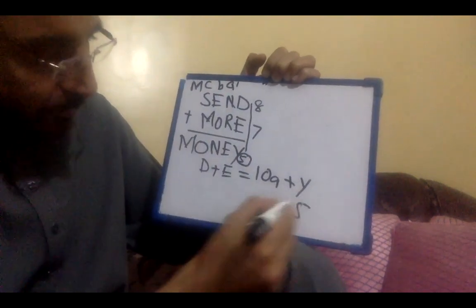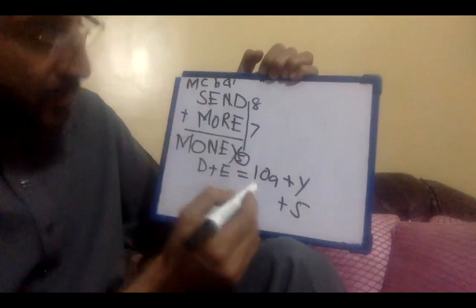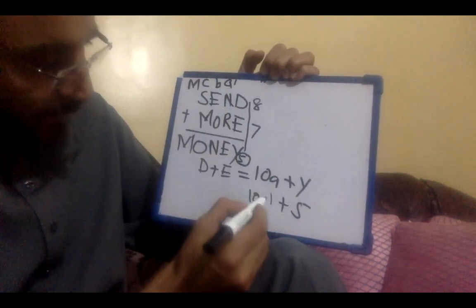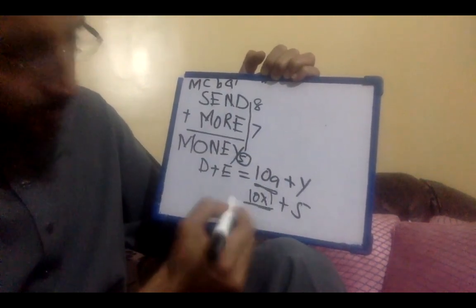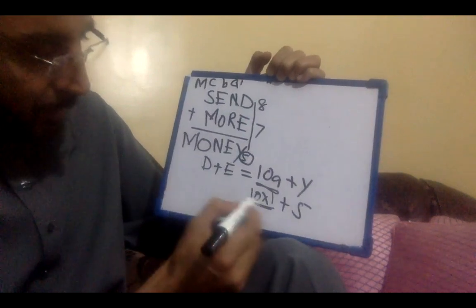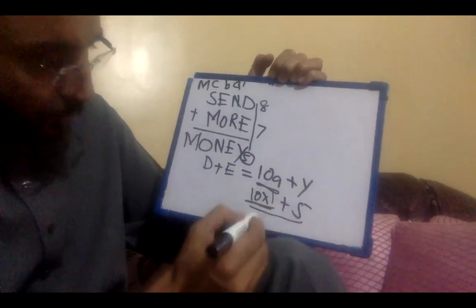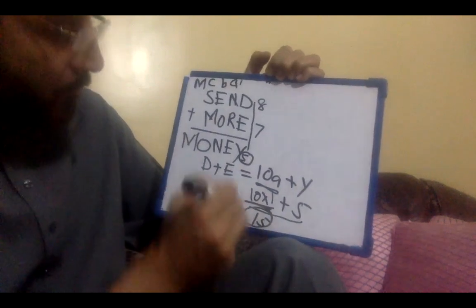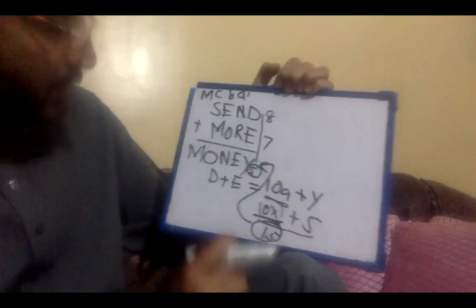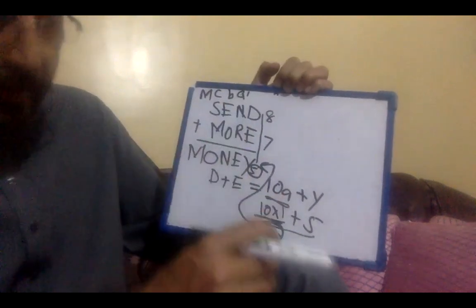So 5 is Y, and this is equal to 1. 10 multiplied by 1, 10 plus 5 is equal to 15, which is equivalent to this value.